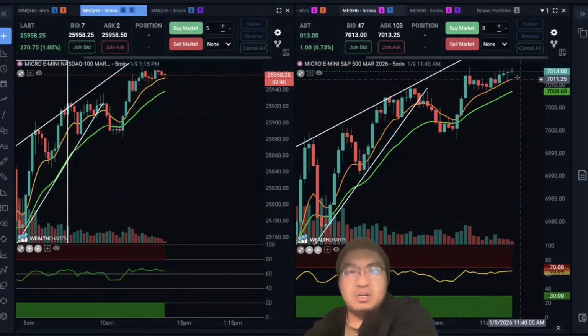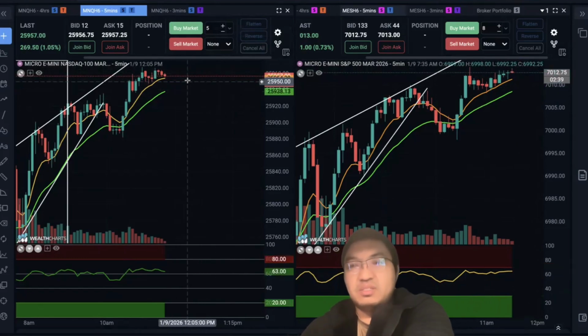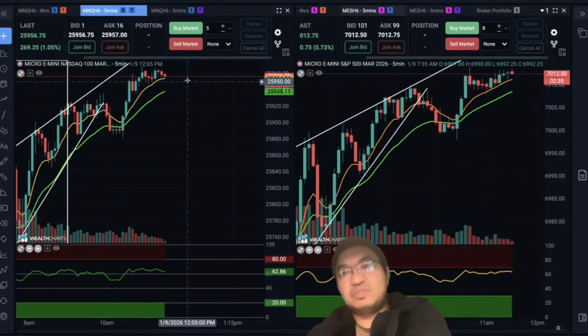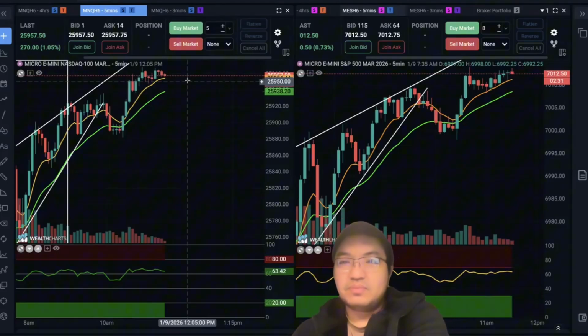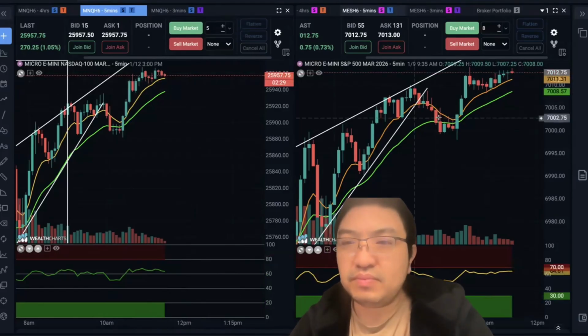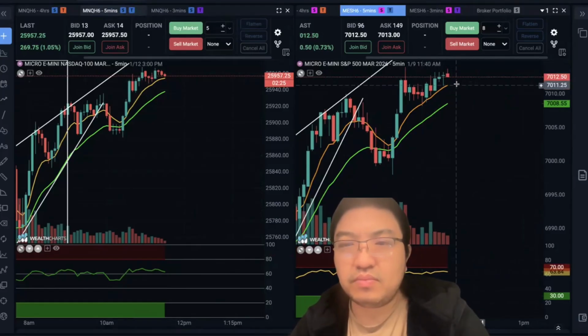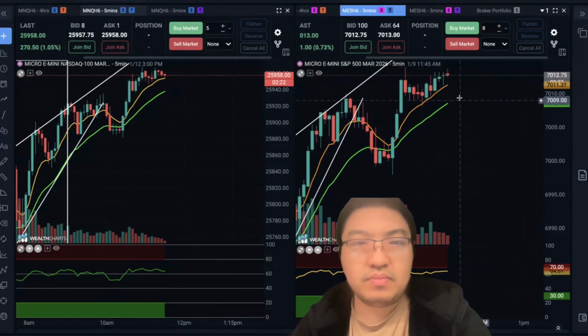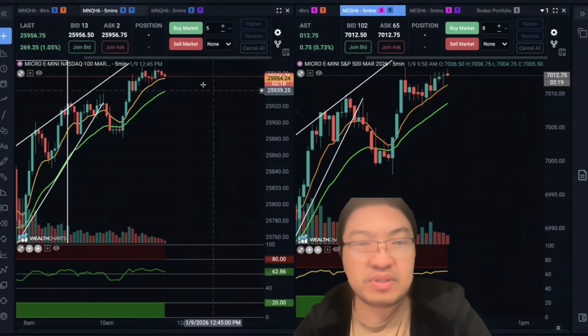If ES breaks to the upside, I will go long at NQ because there is some minor divergence.